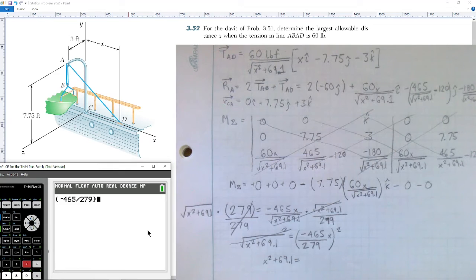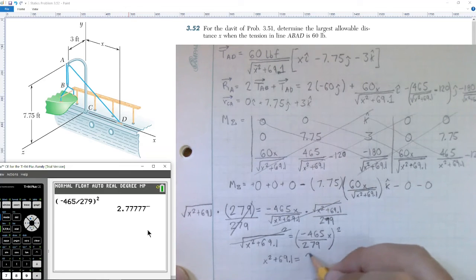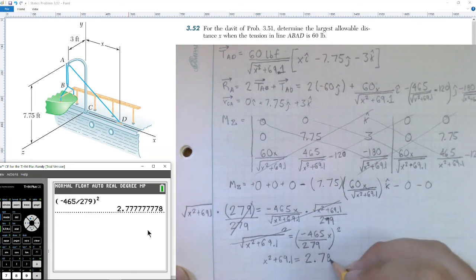I'm going to square that, and this will give us a value, as soon as the calculator catches up, equal to 2.7 repeating, so 2.78, and x squared is simply just x squared.